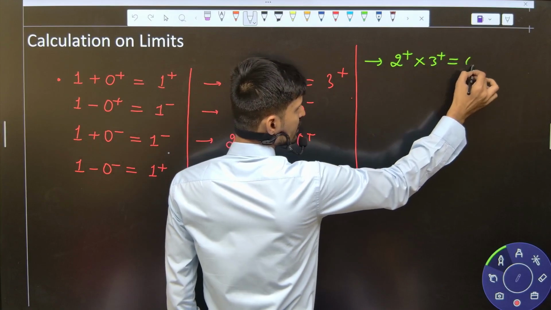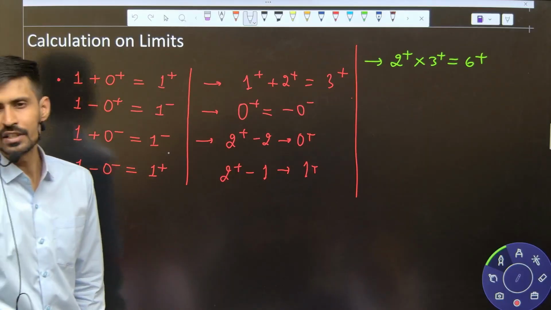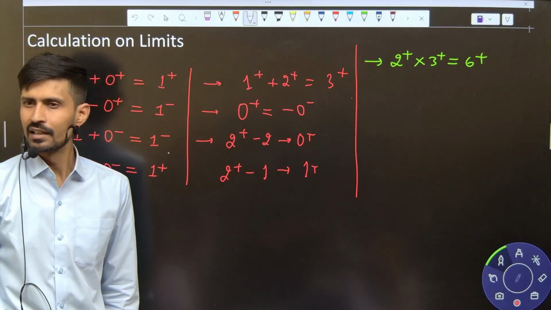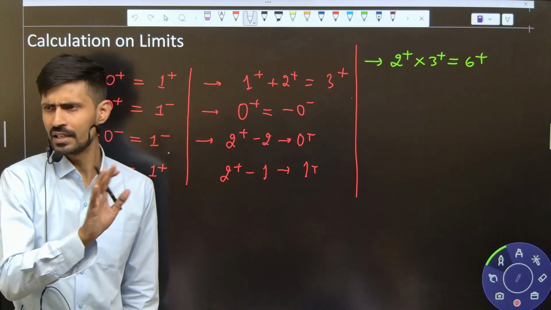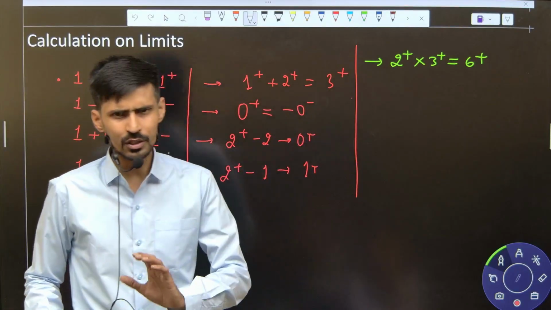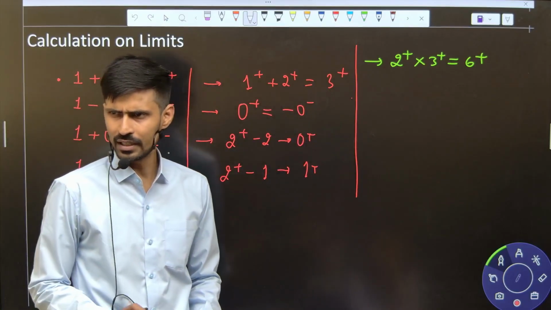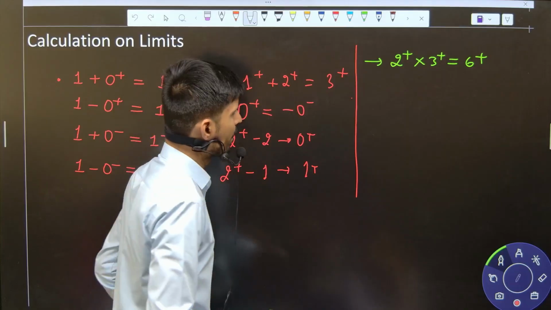What will you write? 6 plus. I am writing the equals sign. If someone tells you the equals sign is not there, that the arrow sign will be there, you will say, yes, sir has informed me that the arrow sign is there. But if I write equals to, you will understand more. Instead, you will not get anything wrong. That will be correct only.